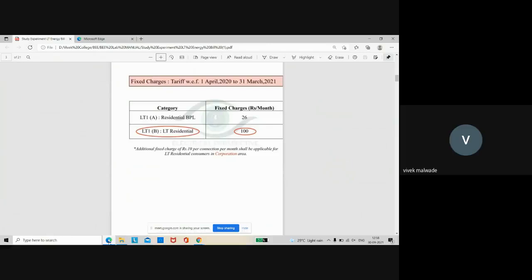It depends upon where you stay exactly. So your fixed charge, which is reflected on your bill, is 110 rupees. Okay, and for families who come under below poverty level, their fixed charges are rupees 26 per month.